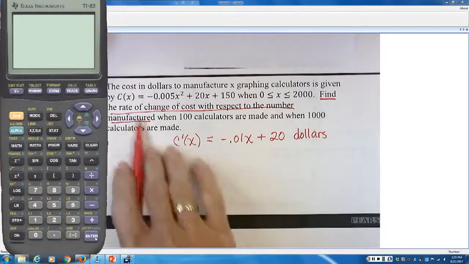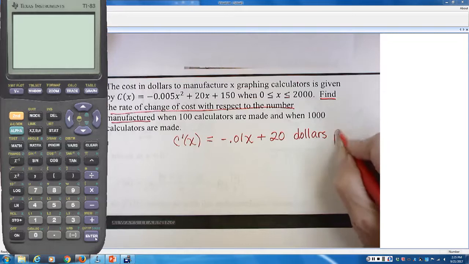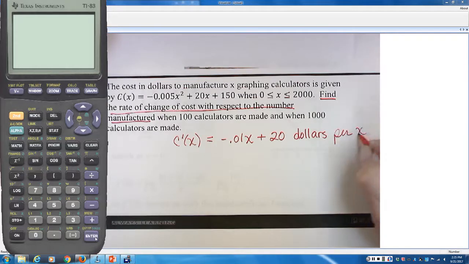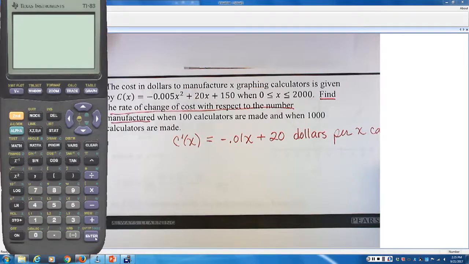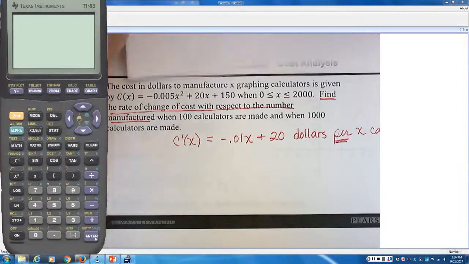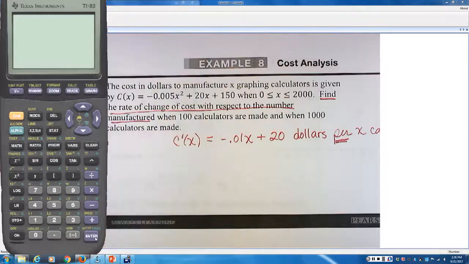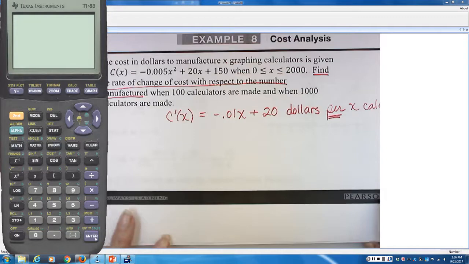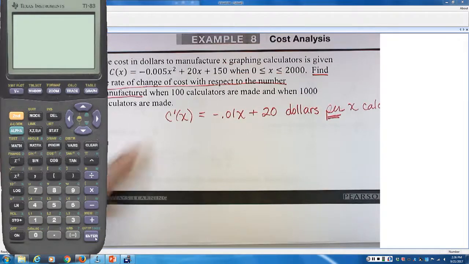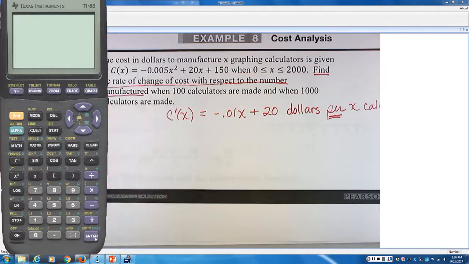And since it's a rate of change, that's per x calculators. And that's because it's a rate of change. That word per comes in there: miles per hour, dollars per calculator. Now, this part's easy. This part you shouldn't be worried about.